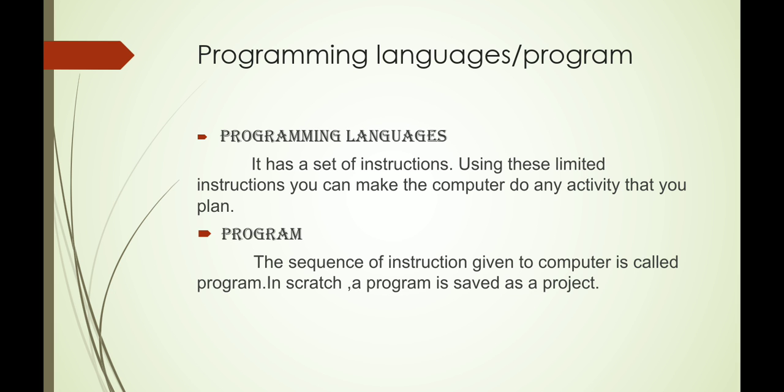So I think you have an idea what a programming language and a program are. A programming language is a set of instructions. A program is a sequence of step by step instructions. Okay.